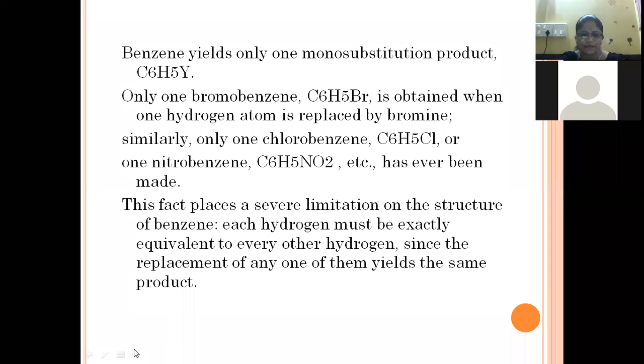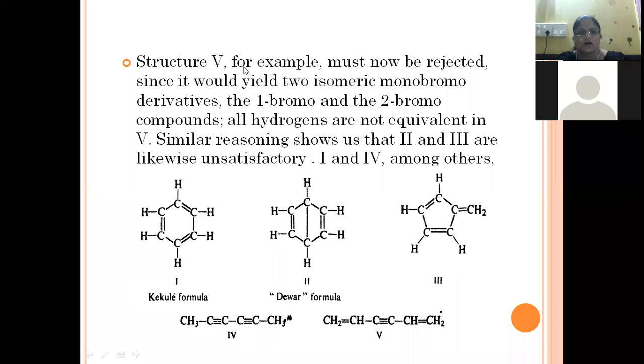Now what happened next? So structure 5, already we have discussed all these structures. So structure 5, that means this, for example, must now be rejected, because what Kekulé has put forth in front of us is that all the hydrogen atoms in the structure of benzene are equivalent.